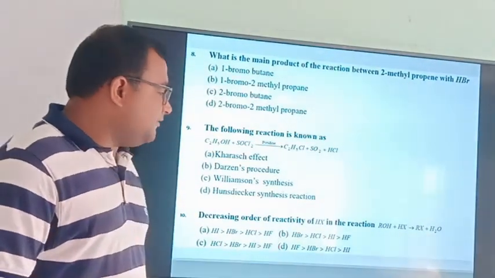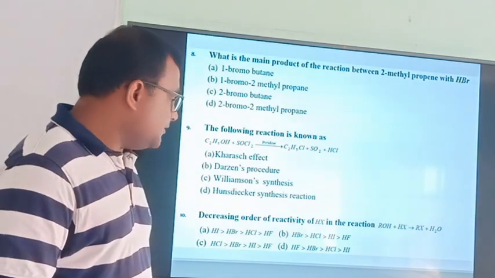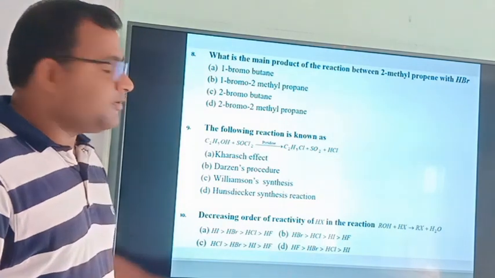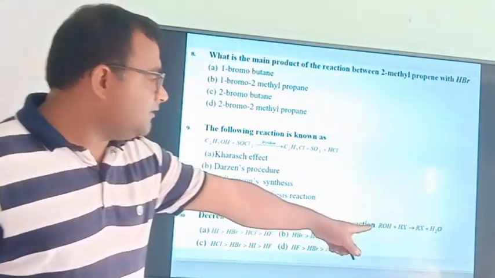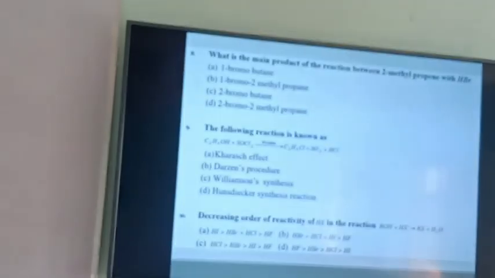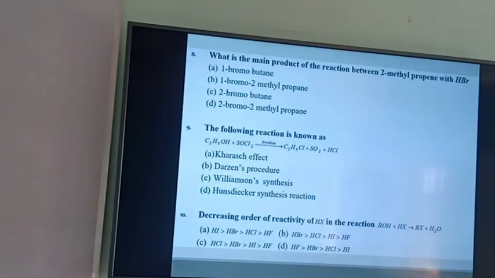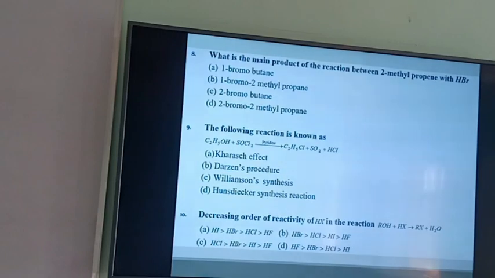Decreasing order of reactivity of HX in the reaction. Which one is more preferable and which one is less preferable? Let's have a look. Let's take the nucleophilic substitution reaction, SN reaction. ROH reacts with what?